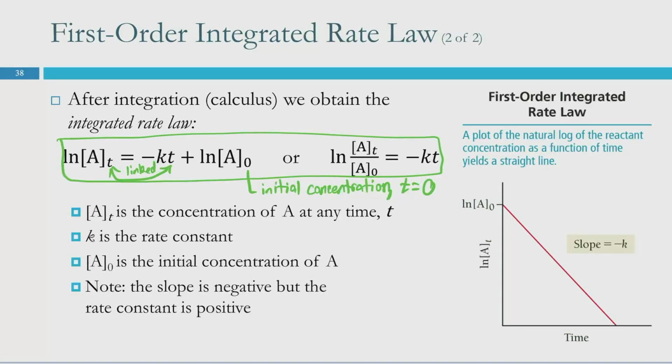So if we plot these against each other, then we'll get a straight line, because it's a linear equation. And for that line, the natural log of our initial concentration is where our b would normally be. Our y-intercept. And then the slope of the line is negative k.